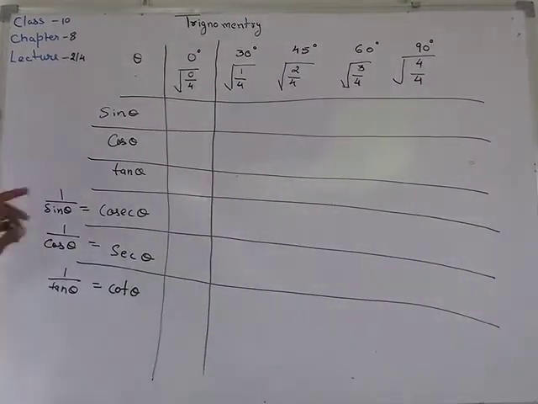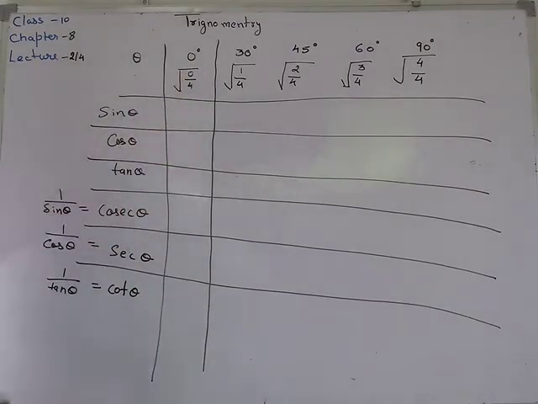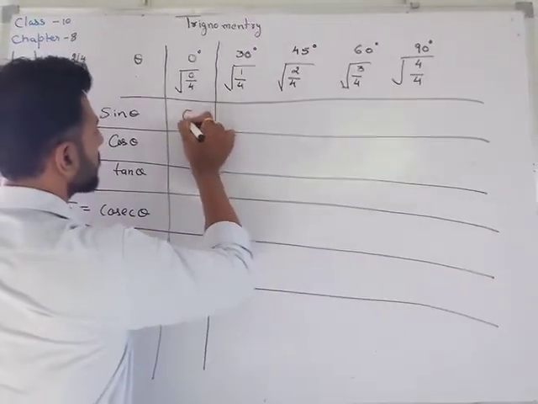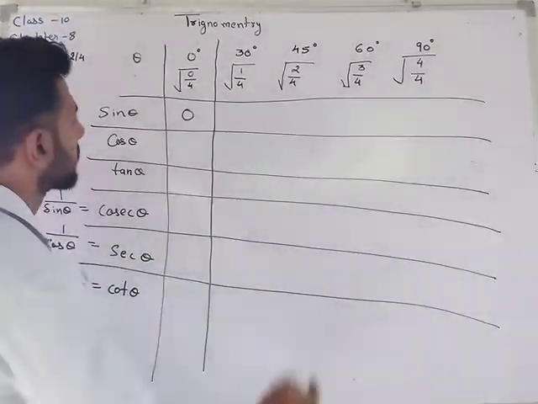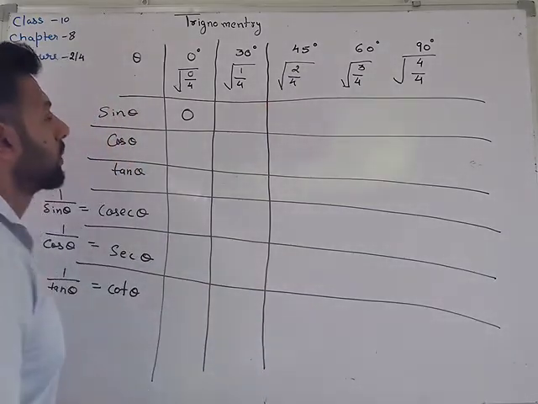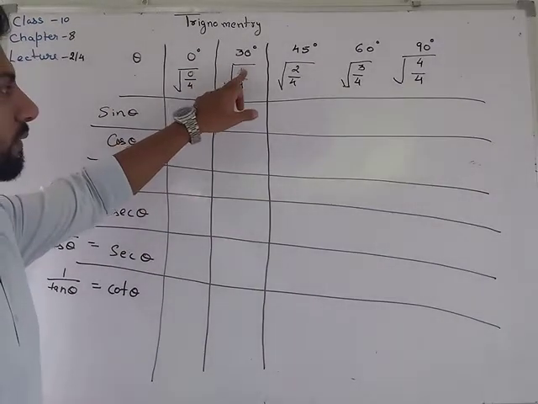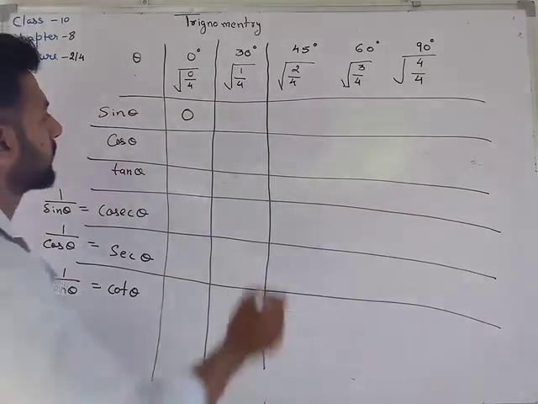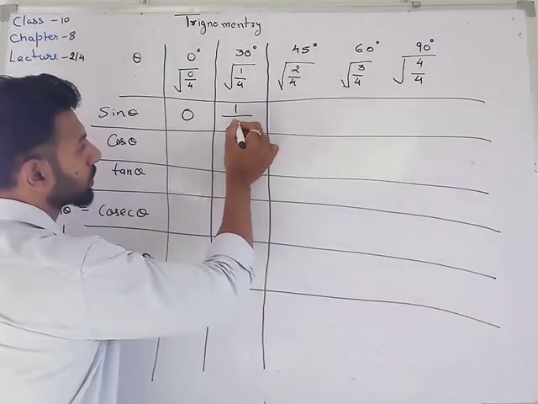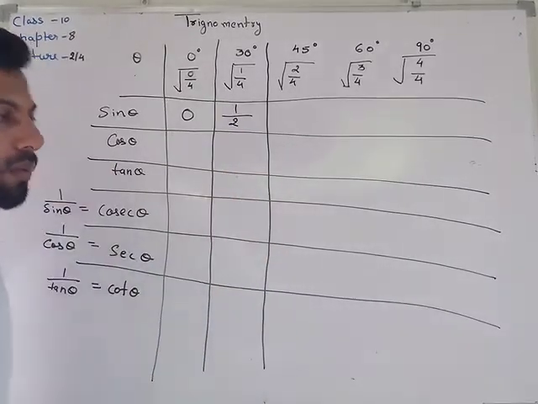Now let us see the values. 0 by 4 will be 0, under root of 0 will be 0. So 0 over here. Now under root of 1 by 4 is 1 by under root of 4, which is 1 by 2.